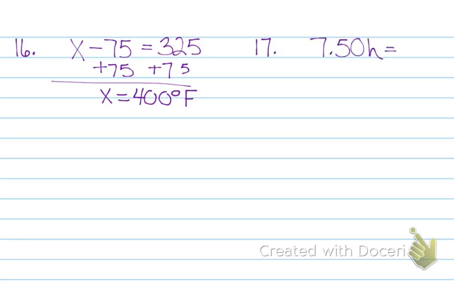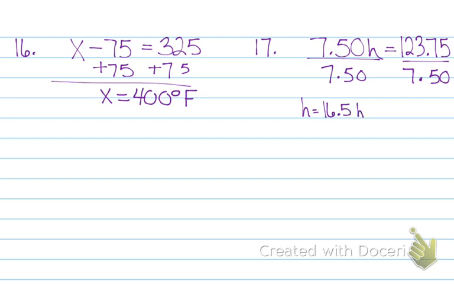Does anybody have this? You can have x. I just did h for hours equals 123.75. Did anybody get that? Did you get that equation? Okay, so we're getting there. This is progress, okay? Now, we do what you said to do. We divide both sides by 7.5.